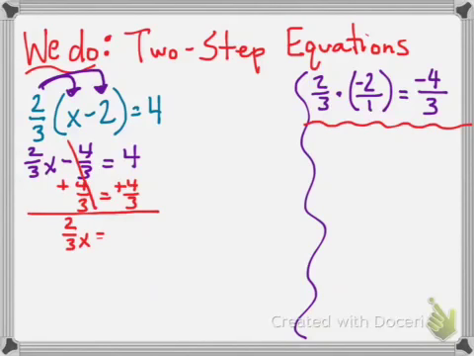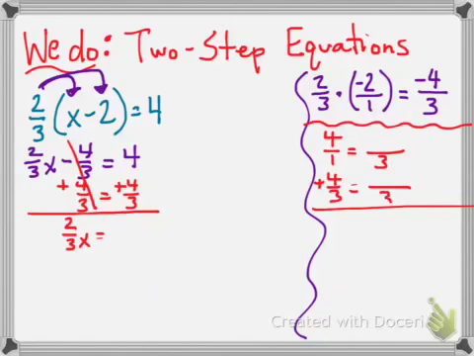So I'm really going to do 4 plus 4/3. So I know that, again, with a whole number or an integer, I'm going to put it over 1, so it's 4 over 1 plus 4/3. And so now I have to use my knowledge of adding fractions with unlike denominators. So I know that my least common denominator between 1 and 3 is 3.